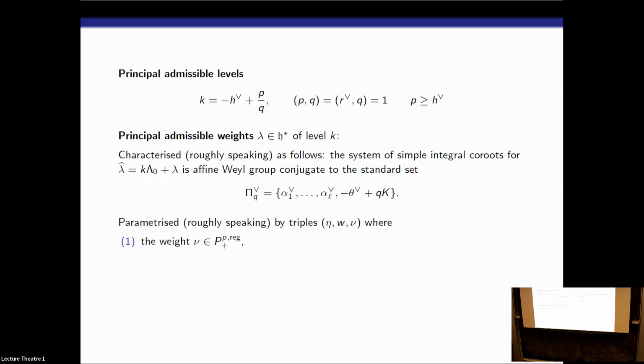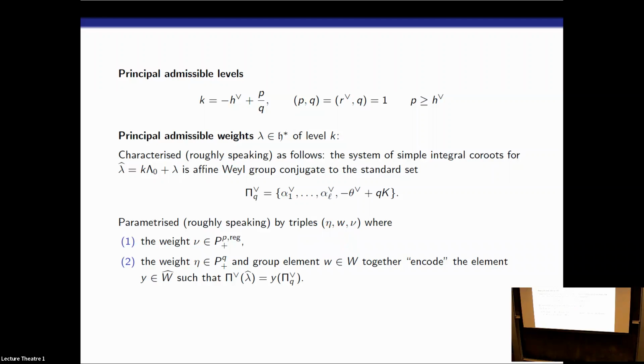The first, nu, is just some regular dominant integral weight of level P. Then you have two other parameters, W, an element in the finite Weyl group, and eta, some other integral weight. These two together, eta and W, in a sense encode the affine Weyl group element that you needed in order to convert this standard set of simple co-roots to the set of simple co-roots of your weight. Okay, so that gives a parametrization.